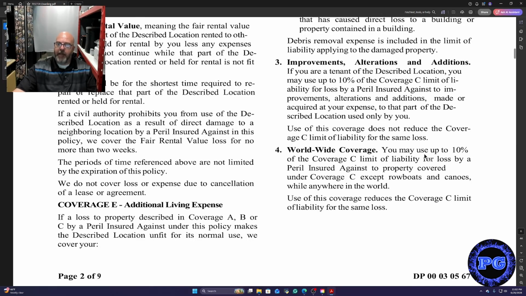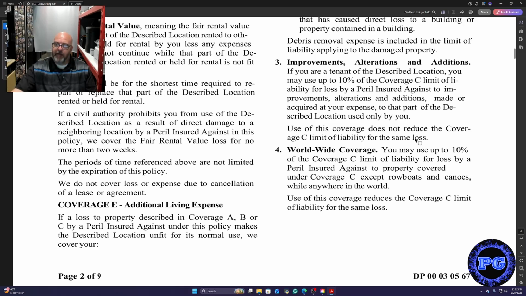So you may use up to 10% of the coverage C limit of liability for a loss by a peril insured against to the property covered under coverage C, except rowboats and canoes, while anywhere in the world. So that's kind of what I was talking about at the beginning, right?